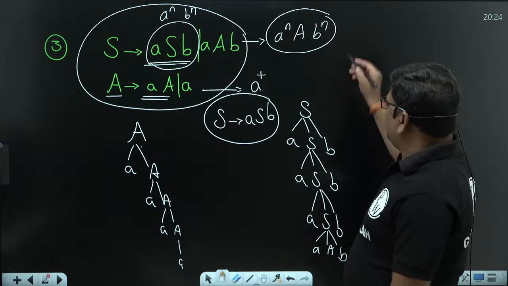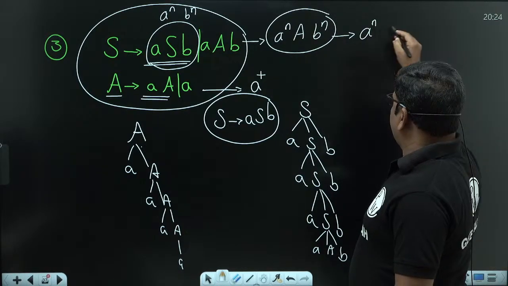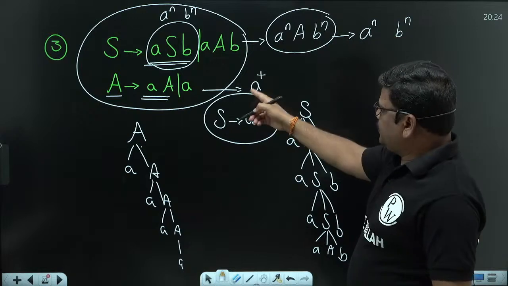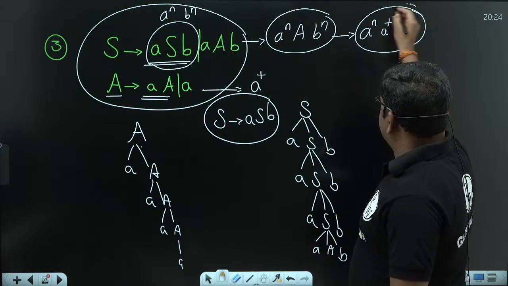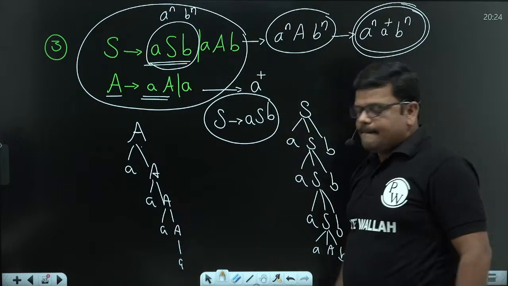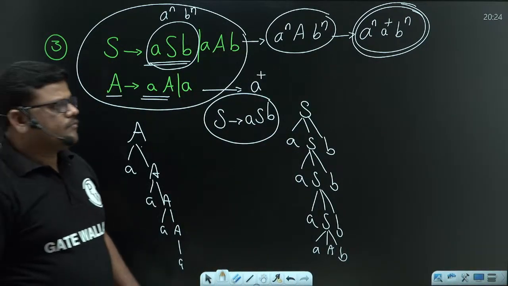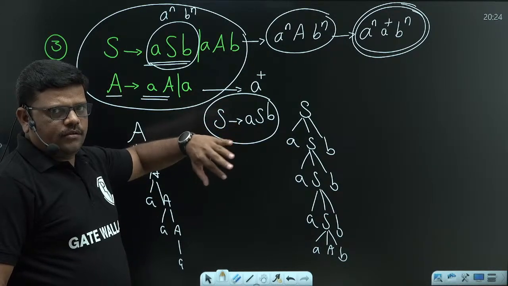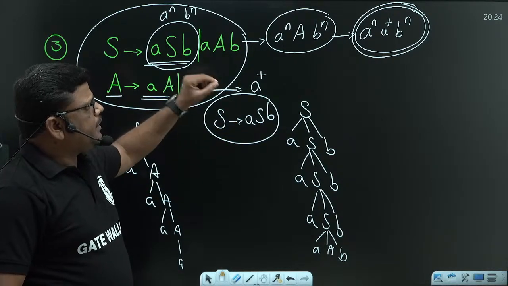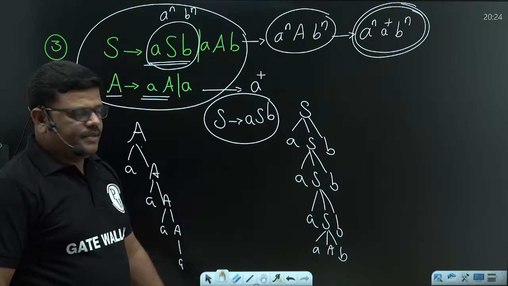Whenever you use capital A, this is simple mathematics: a power n, b power n, and capital A is nothing but a plus. This is the language. How does this language look? a power n, b power n is going on, equality is going on. Whenever I replace capital A with a plus, that means the number of a's becomes more than the number of b's.